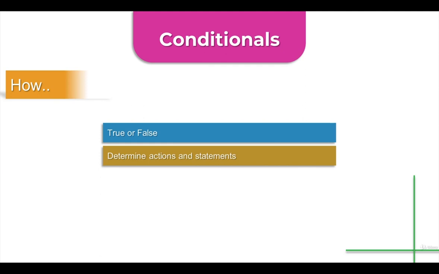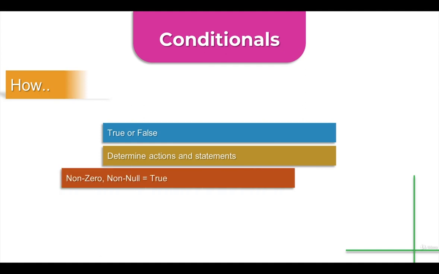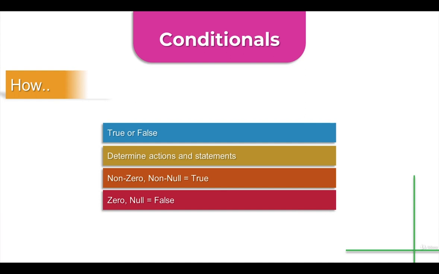So we need to determine which action to take and which statements to execute if the outcome is true or false. The following is the general form of a typical decision-making structure found in most programming languages. These conditions can be used in several ways, most commonly in if statements and loops.